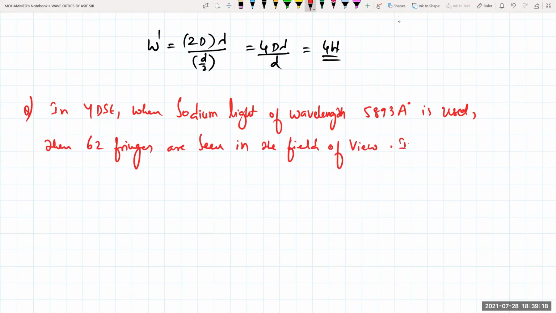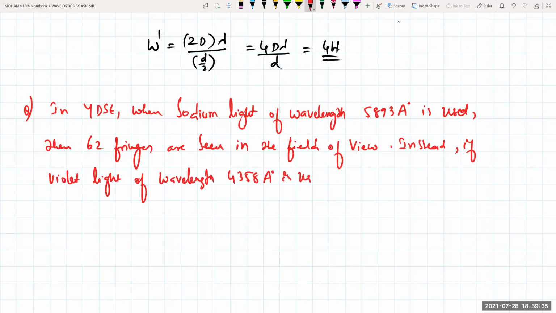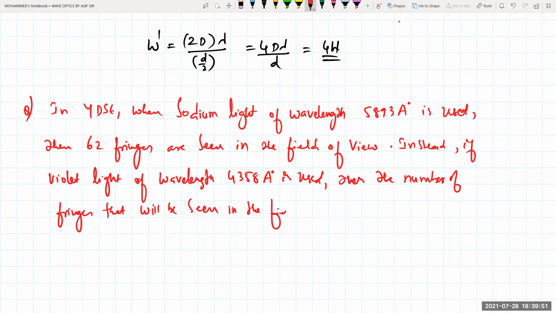Instead, if violet light of wavelength 4358 angstroms is used, then the number of fringes that will be seen in the field of view. He has given lambda 1, lambda 2, N1.